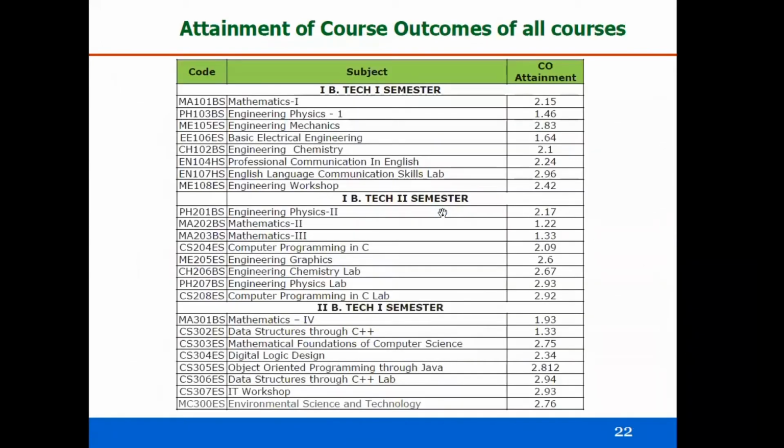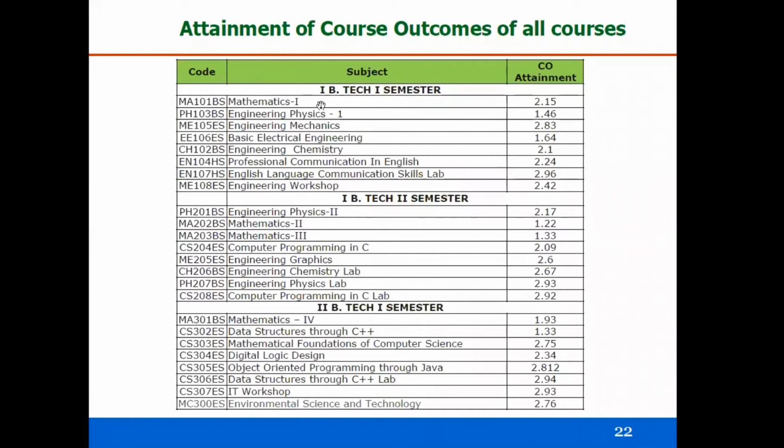Then coming to the overall attainment values for all the courses. If it is a 2 year postgraduation course, or a 3 year or 4 year undergraduate course, all the courses from first year to last year, including all semesters, we have to take.